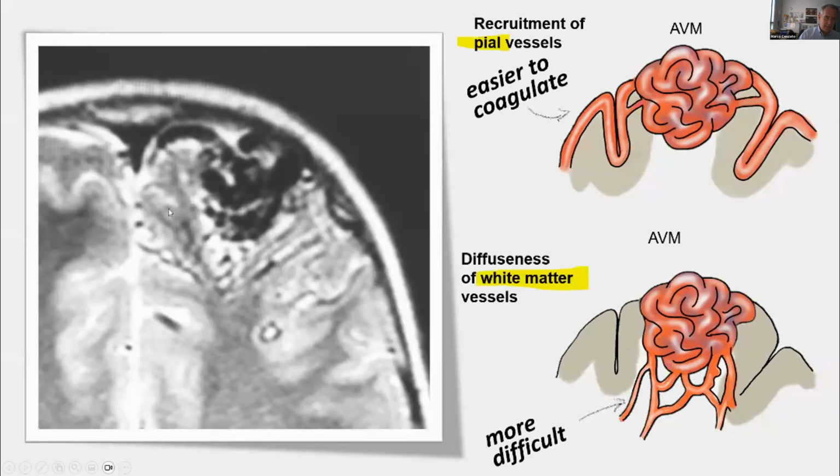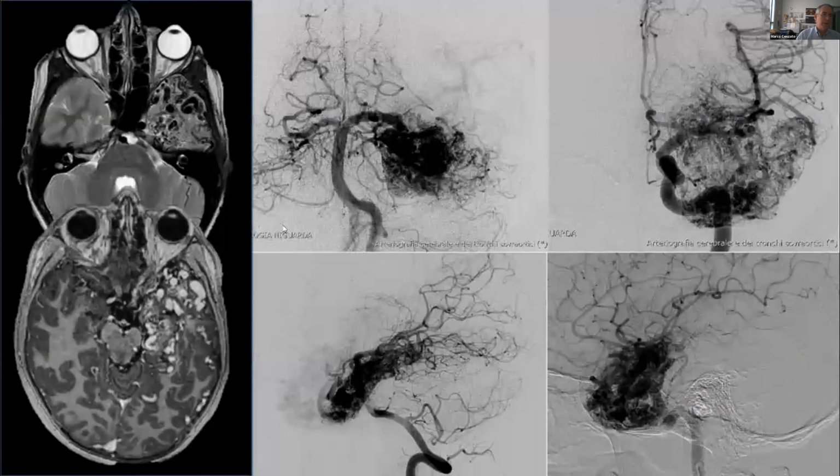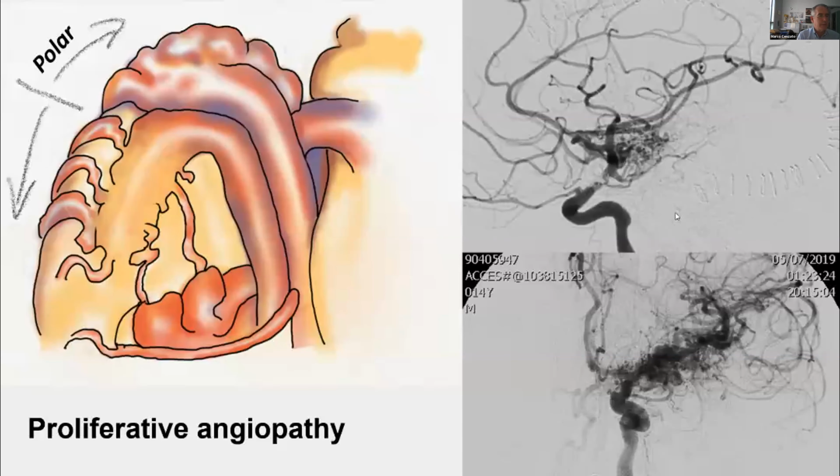So the differentiation between diffuse and compact can sometimes be hard. Also, you can have something like this, which is also a very wide AVM with very foggy margins, but this was in the end a proliferative angiopathy and not a real AVM, and it was in a child.